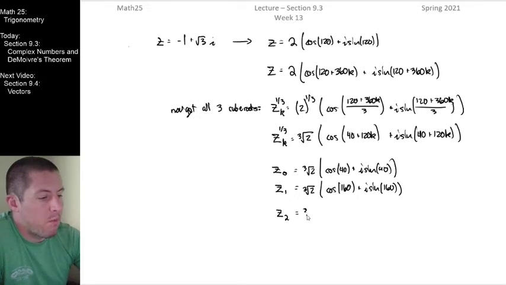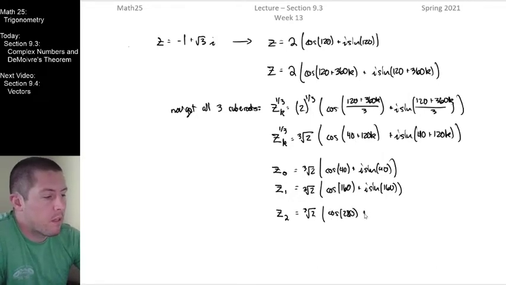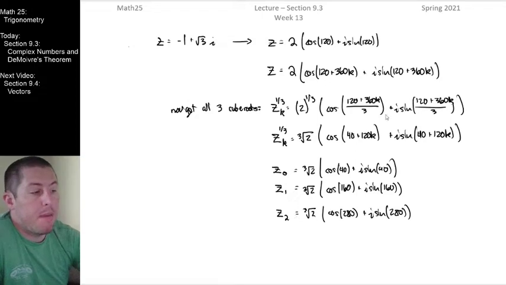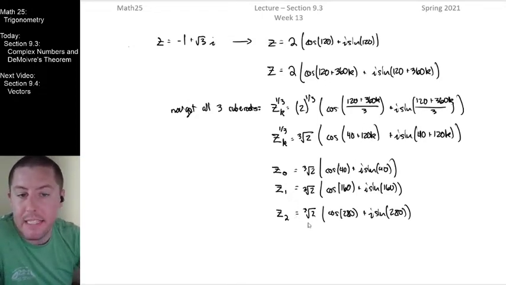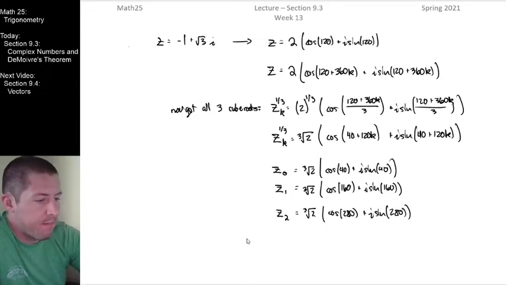And finally, cube root of 2 times, if k is 2, then I'm getting 240 plus 40, which is 280. If I let k be equal to 3, I'd be adding 360 to these, and therefore it would be exactly equivalent to z0.